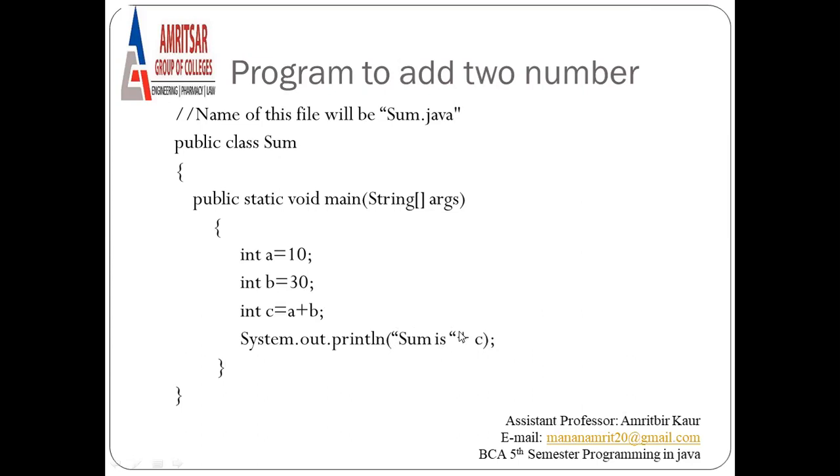For concatenation we use the plus symbol, because Sum is our string, then there will be a numerical value, we can say variable, so that's why we use the plus symbol here. And after the statement we always use a semicolon. So this is a simple program to add two numbers.